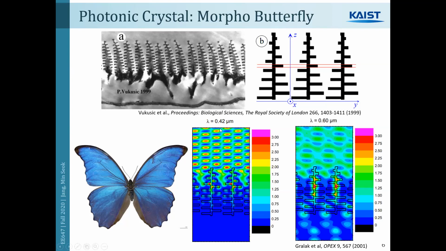So what this tells you is that this blue color originates from the structure itself, not from the material. So that's the non-intuitive feature of nanophotonics. If things become very small and organized, then the structure becomes really important, not only the material, but also the structure.